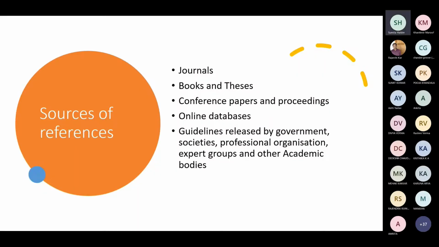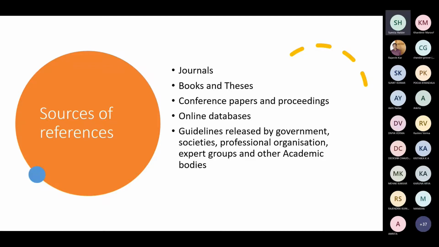So what are the sources of the references? They can be journals. Yesterday, you must have attended a session on searching biomedical literature. So you must be aware of these sources: journals, books, thesis, conference proceedings, papers. Very often we think that references are only journals, but no, it also implies books, even thesis and dissertations.